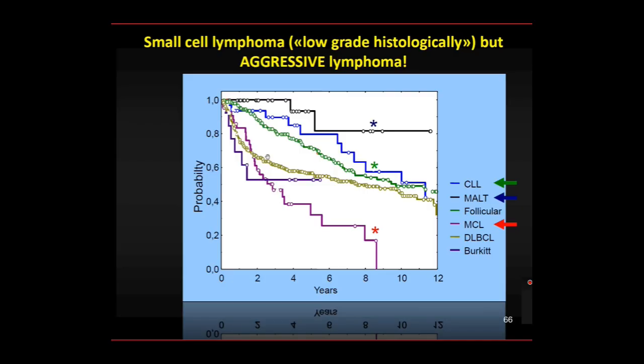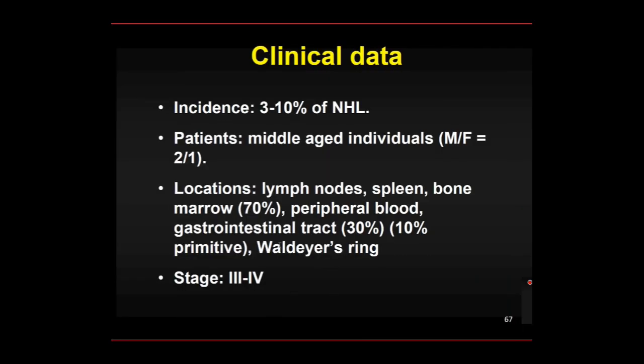We don't have time, but T-cell lymphomas behave as badly, but among B-cell it's the worst. So considering it an indolent, low-grade lymphoma is really a big mistake because most patients will die. See, 50% of patients have passed away within two years and a half. So it's really an aggressive disorder.